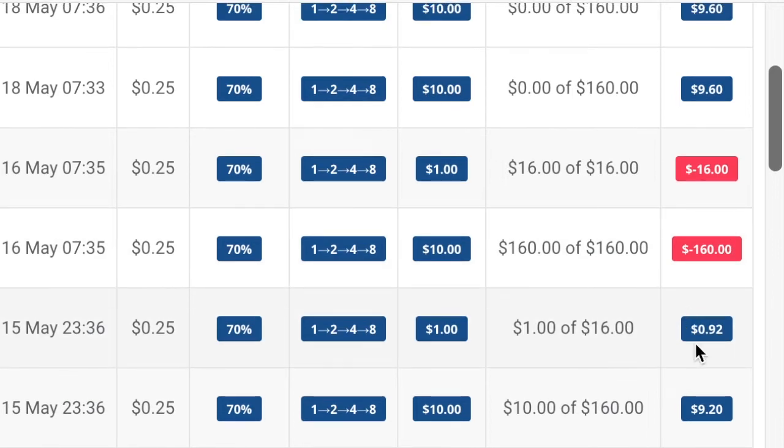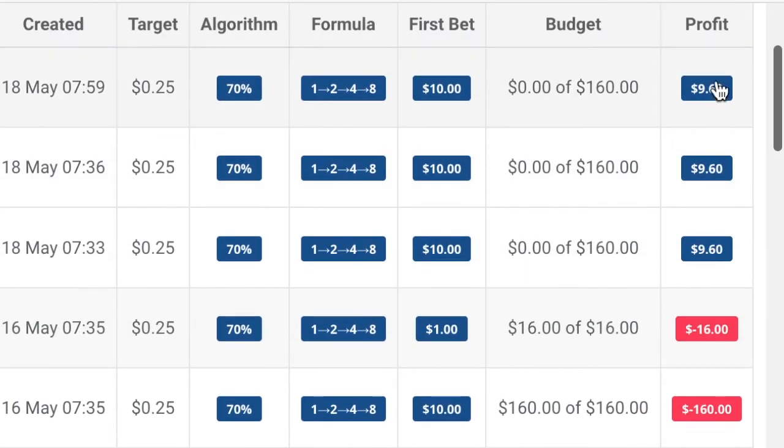So what I did was I added all those up and I then took away these 2 losses. Now I'm not including these 3 here because that's a new bot with new settings and new assets. So the numbers I'm going to show you are up until this point here for these 2 losses.